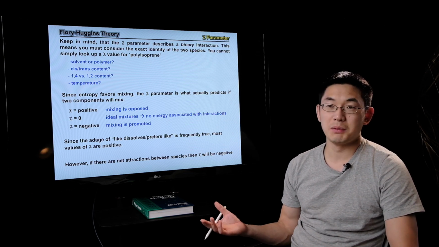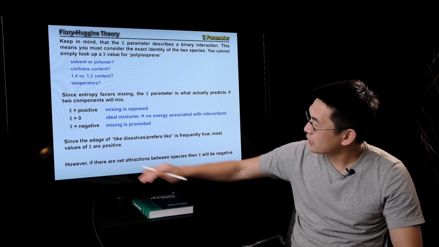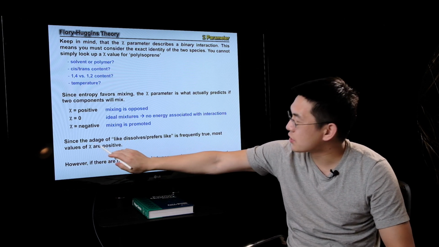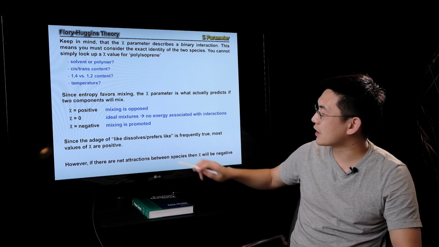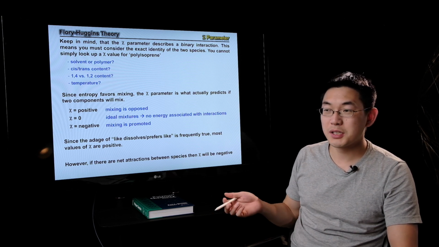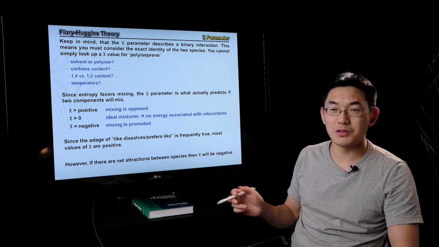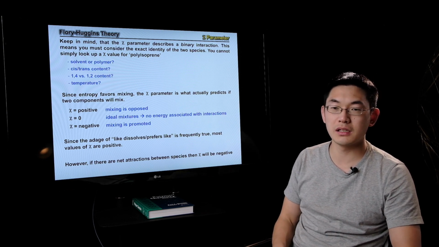They just love to be bonded together all the time, right? So you can simplify this with the adage "like dissolves like." What does that mean? If two materials have similar properties, they will likely be miscible. So polystyrene and toluene share a similar ring.